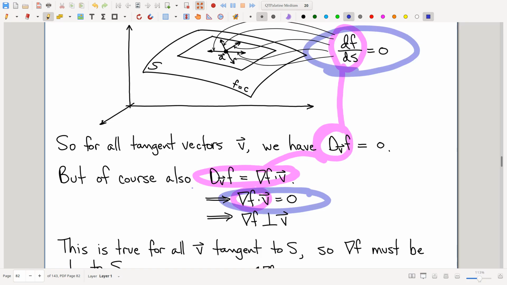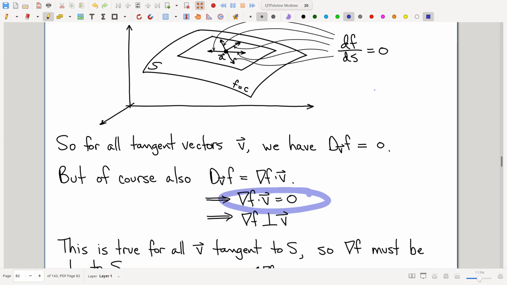Whoa, weird. I have a handy geometric interpretation of that, right? Dot product is 0 means orthogonal, which, ignoring zeros and silly nonsense like that, means perpendicular.